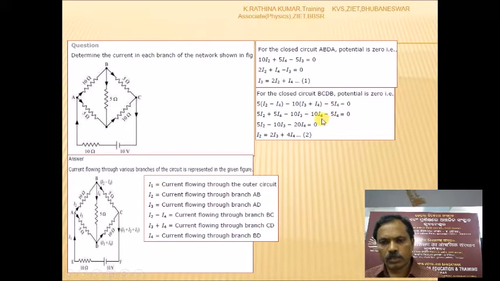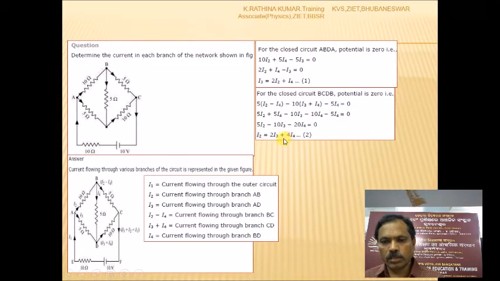So 5I2 minus 10I3 minus 20I4 is equal to 0. Therefore I2 is equal to 2I3 plus 4I4.